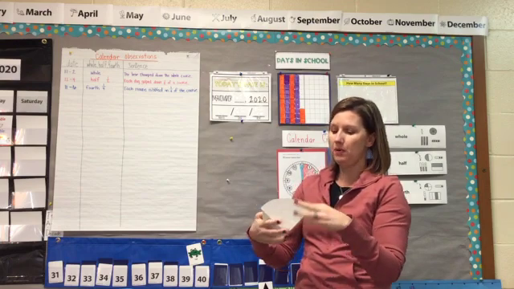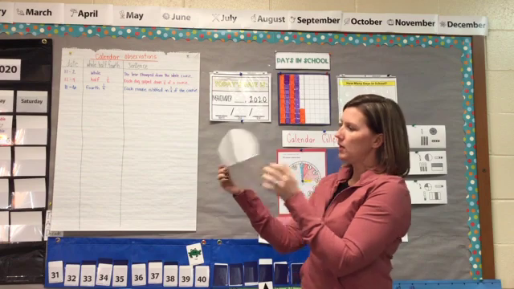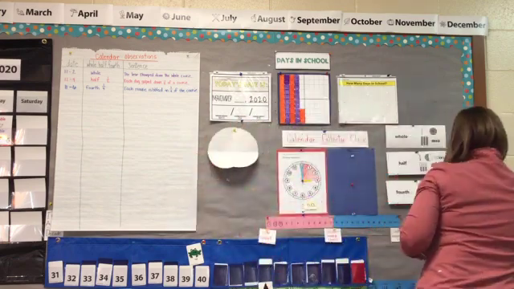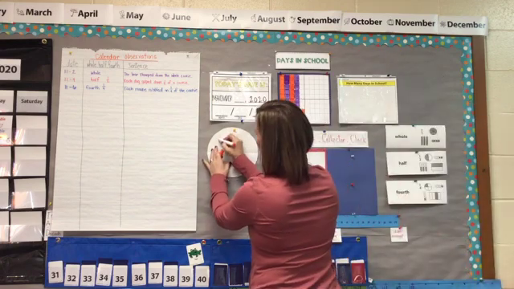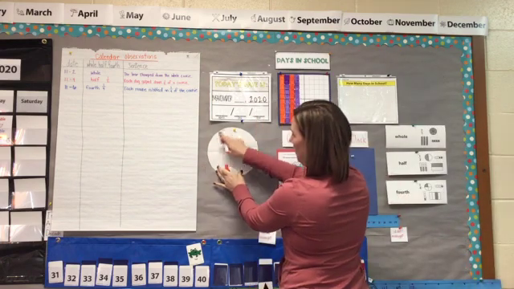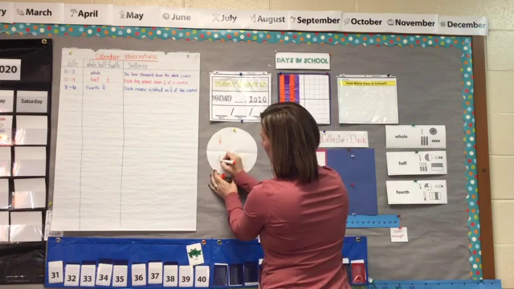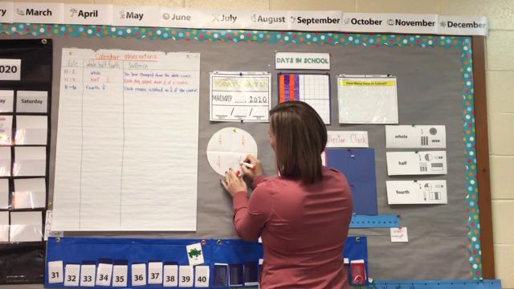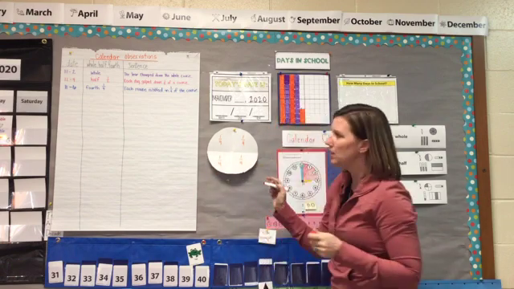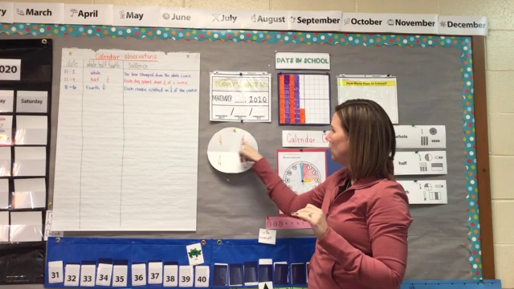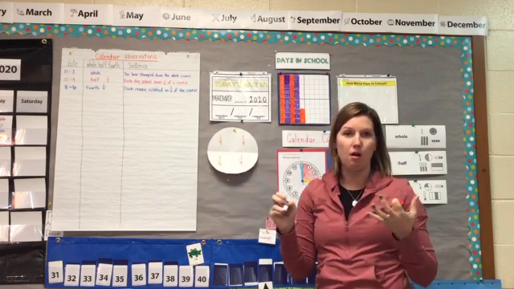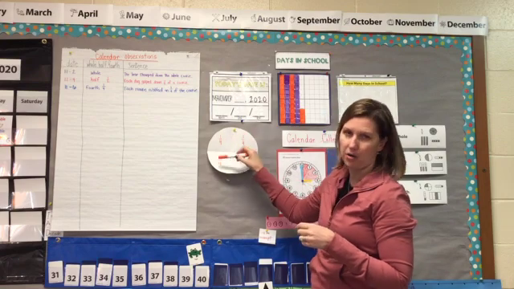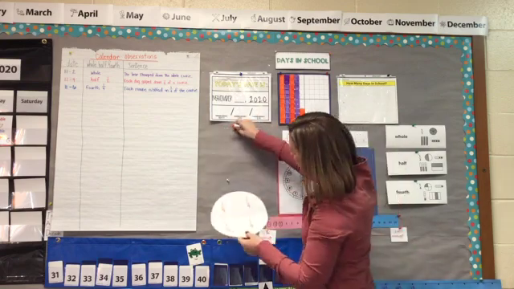Okay, and then when I open up our whole cookie, we can see that there are 4 parts. All right, so we can say this is a 4th, that's 1 of the sections. Here's another 4th, here's another 4th, and another 4th. So each mouse, and there were 4, would get a piece of cookie, and they're all the same size, right? 1 of the 4 equal parts. So that's how we make a 4th.